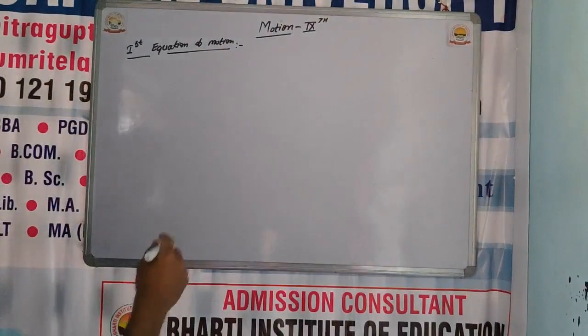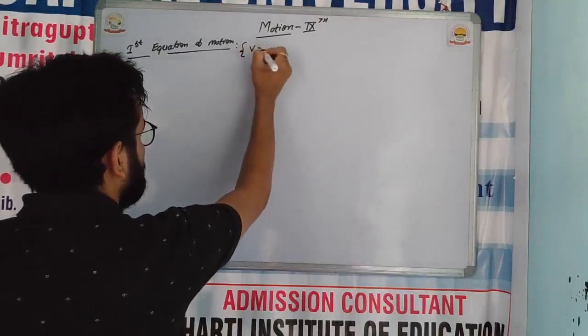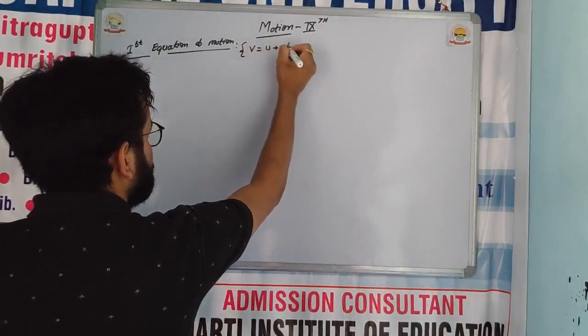You can also write here what we are deriving, v equal to u plus at.